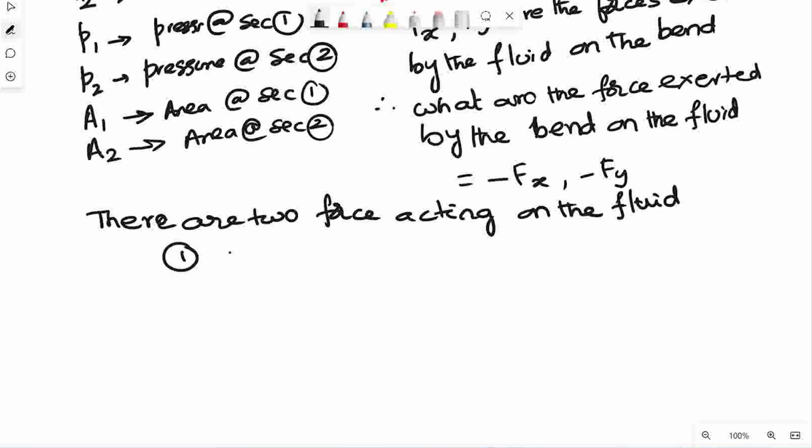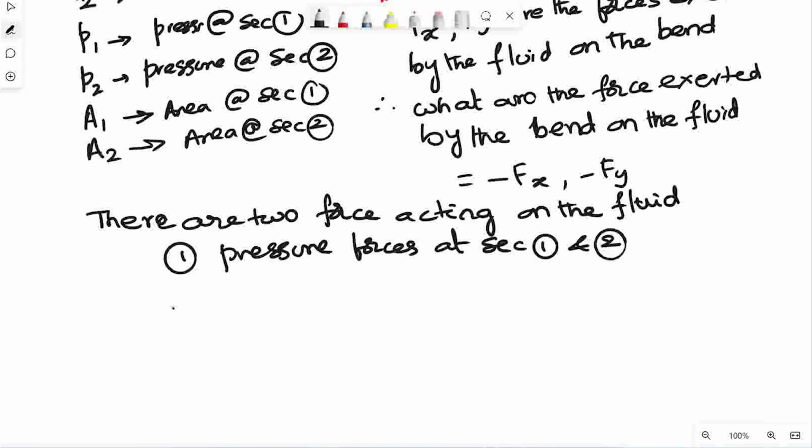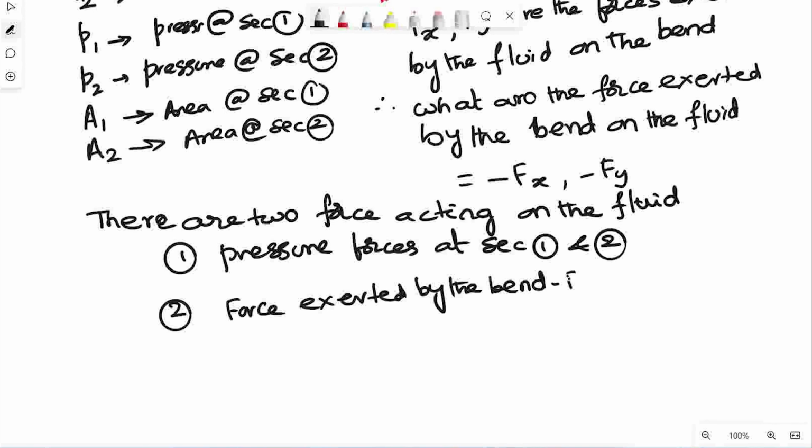Number one is the pressure forces at section 1 and section 2, and second one is the force exerted by the bend, minus Fx and minus Fy. These are the two forces.